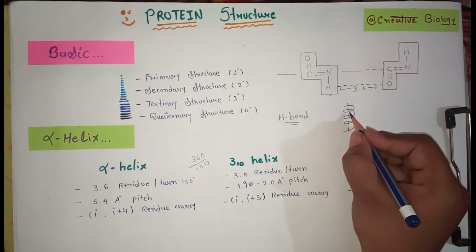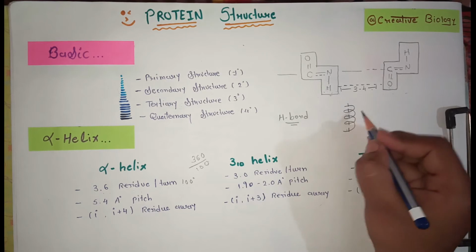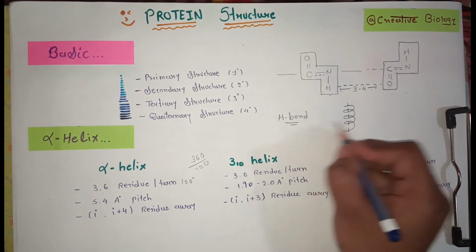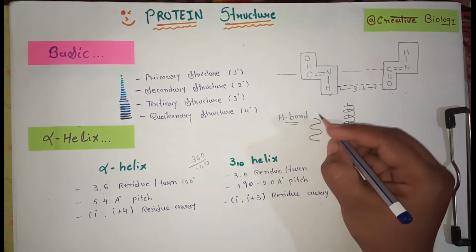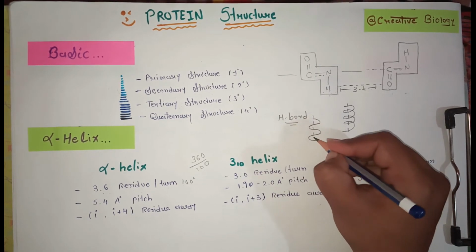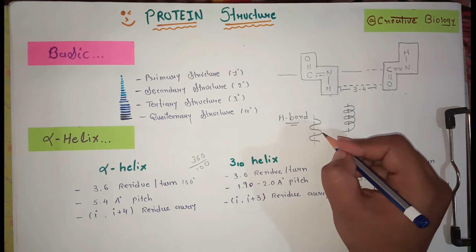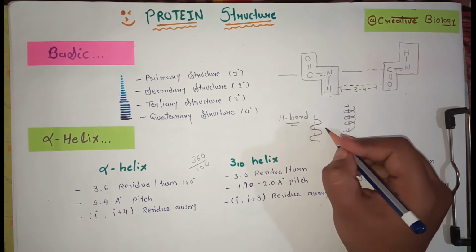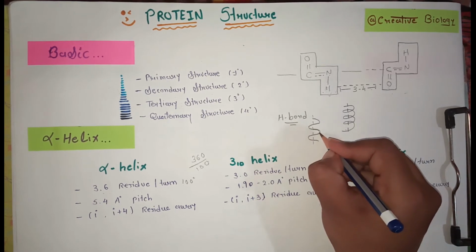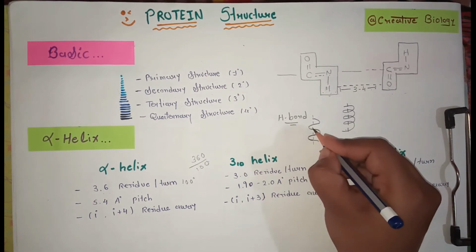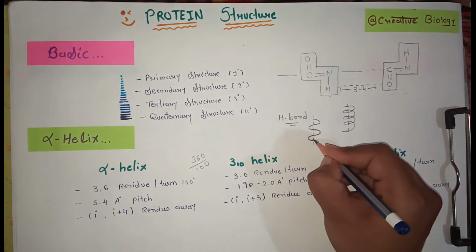Per turn means, if I draw the helical structure in 2 dimensions for your easy understanding, with this central axis, then what is one turn? One turn is just like this, from this point to this point.